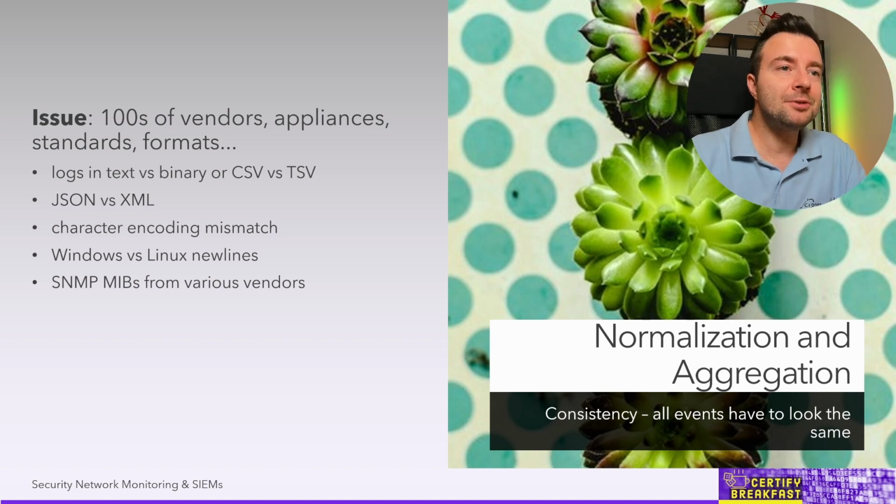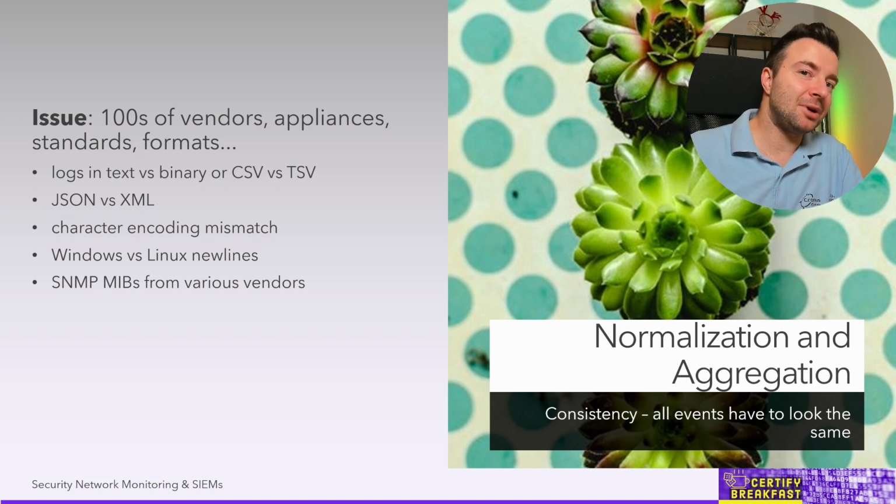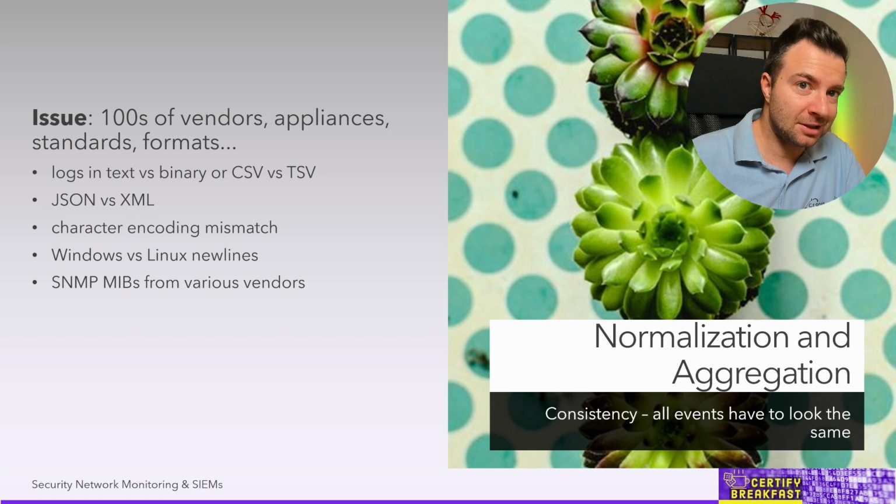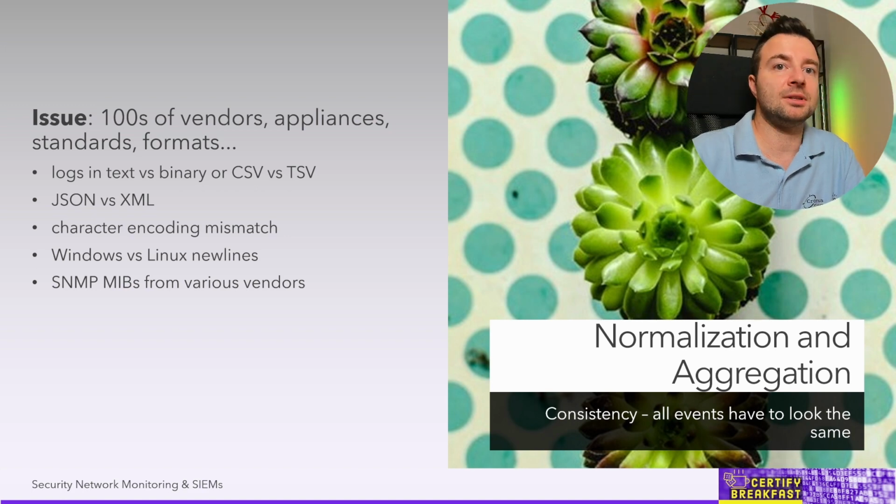We might even find differences as to how the logs are actually encoded. Some of them might be using UTF, some of them might be using some regional encoding. We might even run into some issues due to the fact that the new line character is represented differently between Windows and Linux systems. And that also might be reflected in the payload included in the logs that we're receiving as part of the monitoring process.